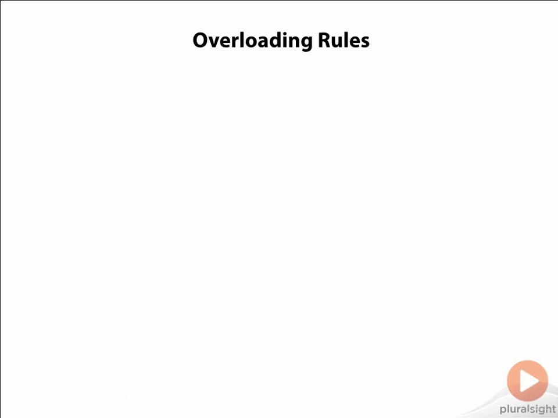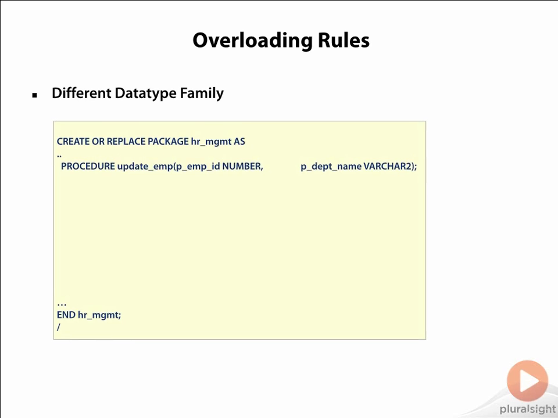Let us talk about the rules for overloading. You can overload subprograms if the data type family is different. A data type family is the data type and its subtypes. For example, here is a package inside which we have defined update EMP with two parameters, PEMPID of type number and pDPT name of type varchar2.